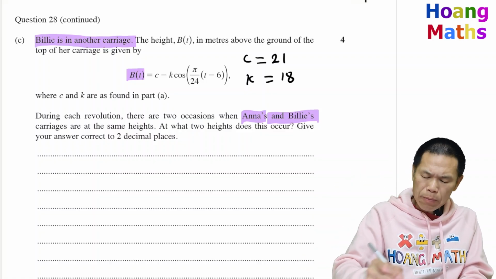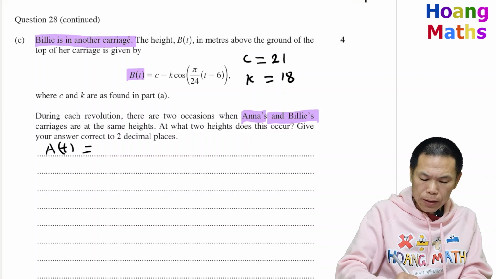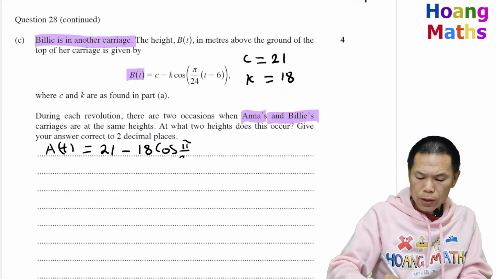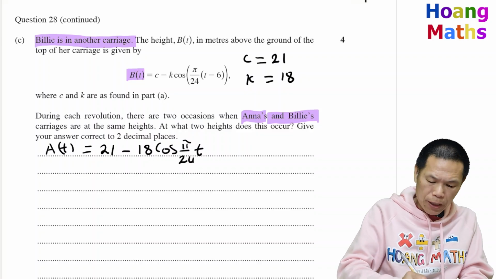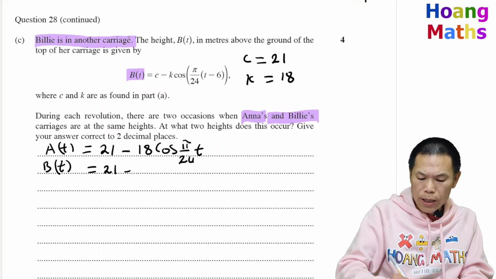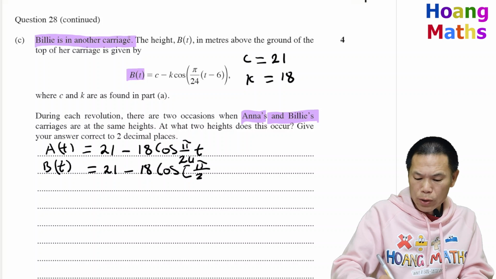So now let me write A(t) first. A(t) is C, that is 21, minus K, 18, cos(π/24 t). That's from the previous part. Now B(t) is C, that is 21, minus K, 18, cos of π/24 brackets t minus 6.